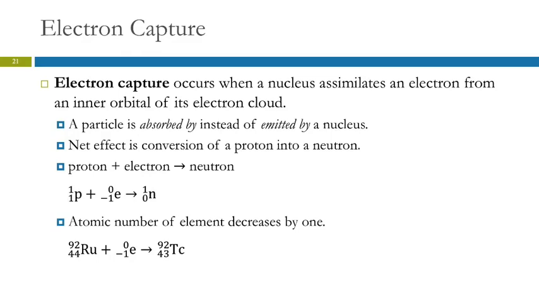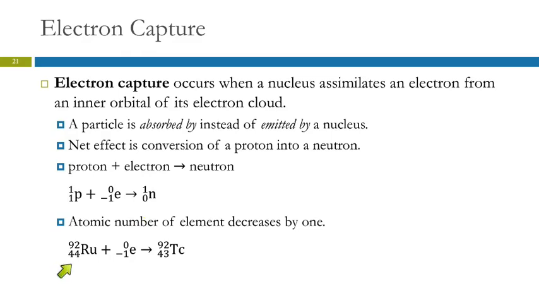It gets absorbed into the nucleus, and the net effect of that is that we've changed a proton into a neutron. So this is the opposite of the equation we looked at when we were looking at beta emission. Beta emission was a neutron turning into a proton plus an electron. Well, this is sort of going the opposite. We've got a proton from the nucleus and an electron coming in from the cloud, and those combine to form a neutron.